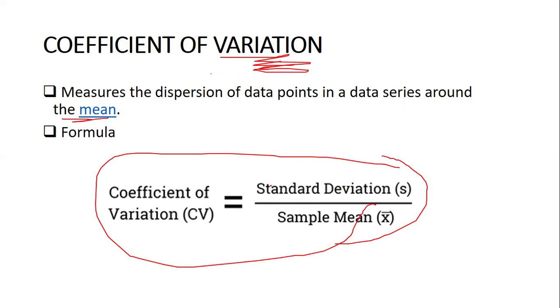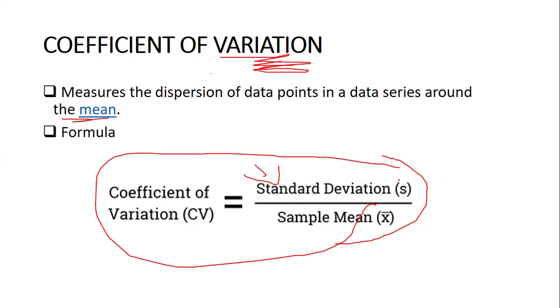If you've got variable x and variable y, and you are told to find the coefficient of variation for both of them independently, you have to find the standard deviation for variable x, and then you also find the mean for the same variable x, and then you divide the two. So standard deviation divided by the mean gives us the coefficient of variation.